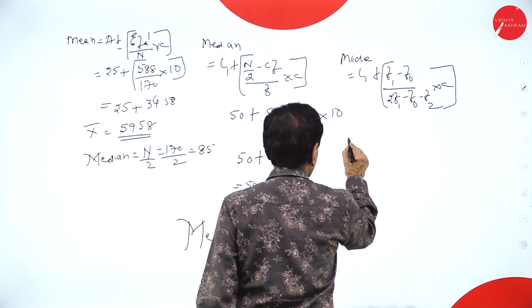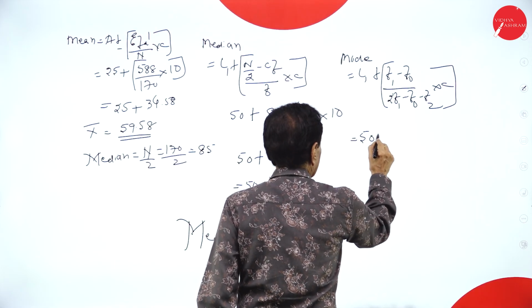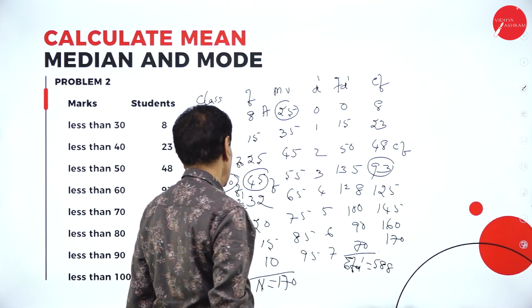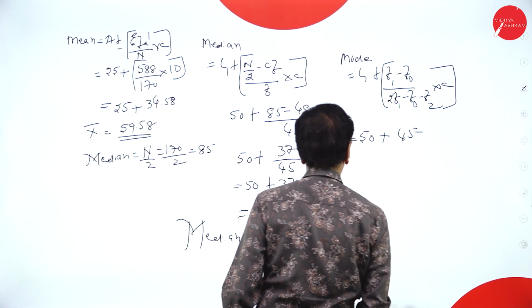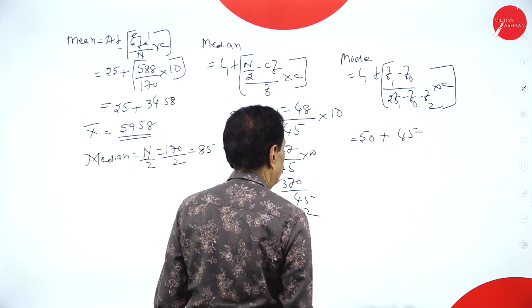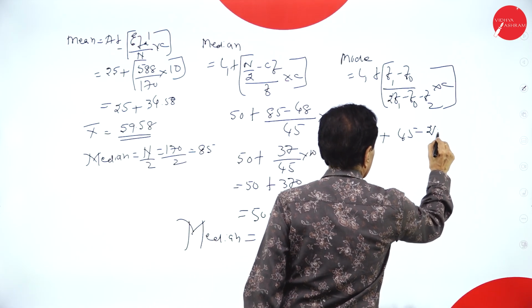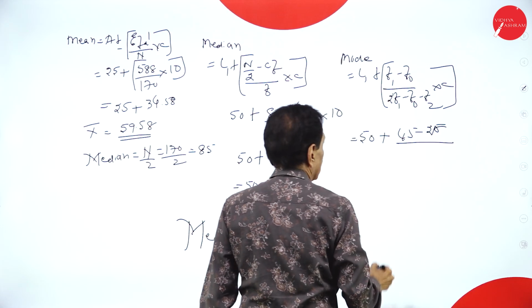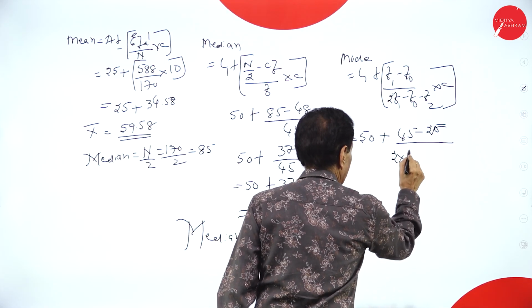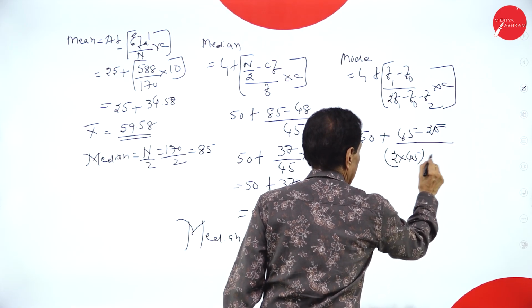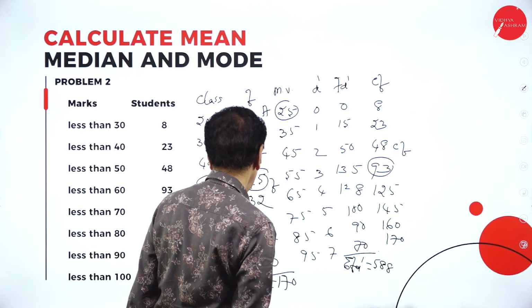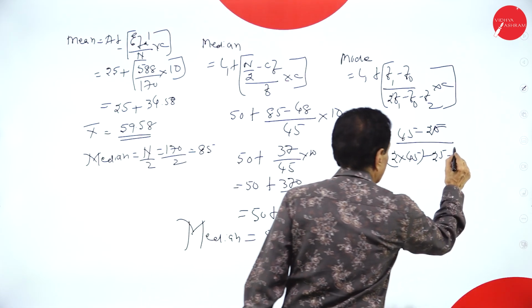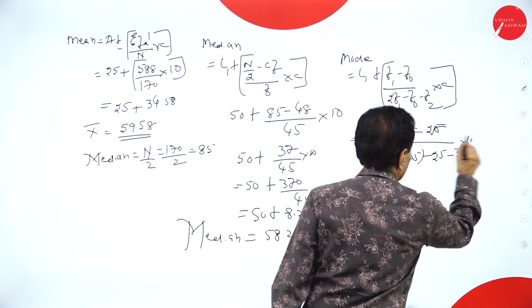L1 is 50 plus. What is your F1? 45. What is your F0? 25. 2 into 45 minus 25 minus your F2, which is 32, into 10.